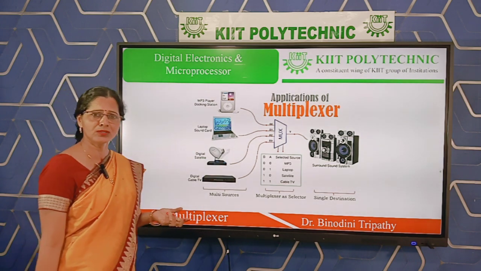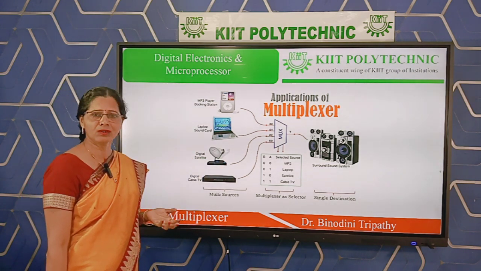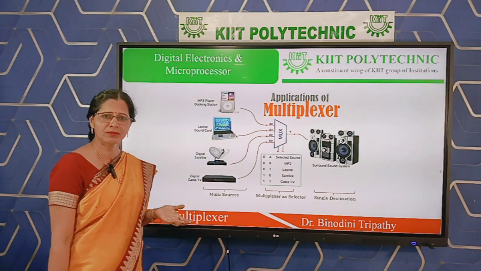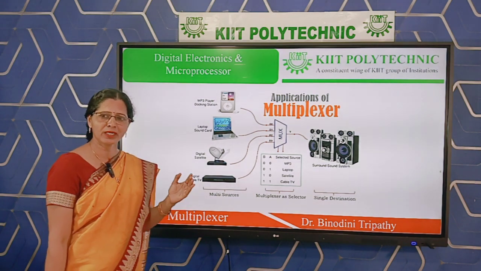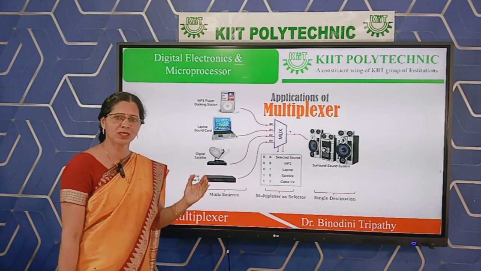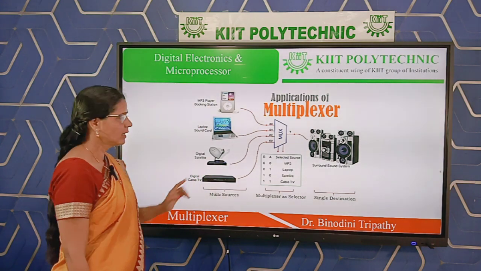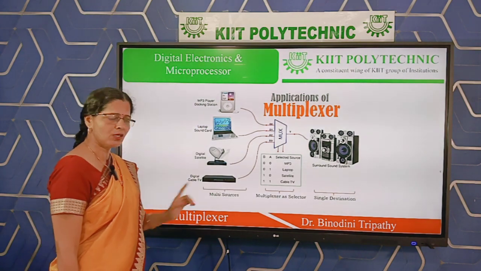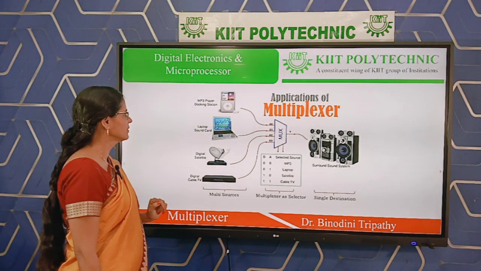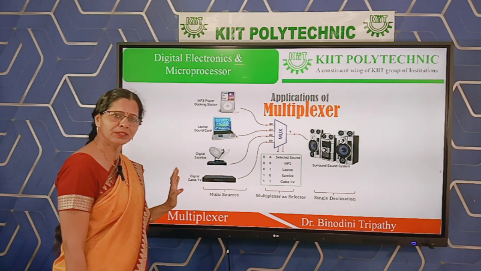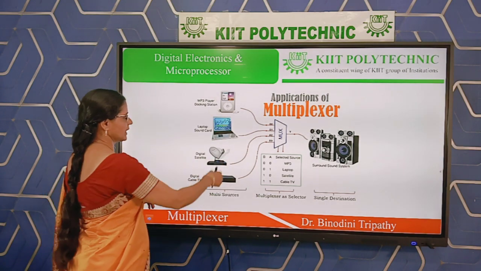It is not that we are always transmitting, or that the signals are always in binary form, or that the signals are from a common mobile or a common telephone. Not that, there may be different sources. All these may be different mobiles, different telephones, or computers. We can consider different sources.